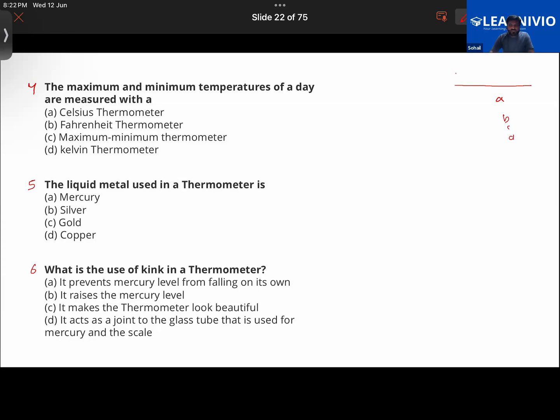Yeah, Suleiman, you answer this question. What is the name of that electronic device used in thermometers? It is used in other devices, like in air conditioners also. Remember? They have a digital thermometer like this.